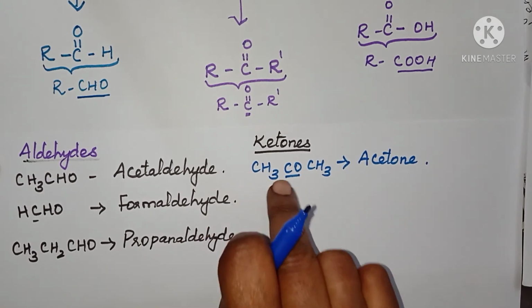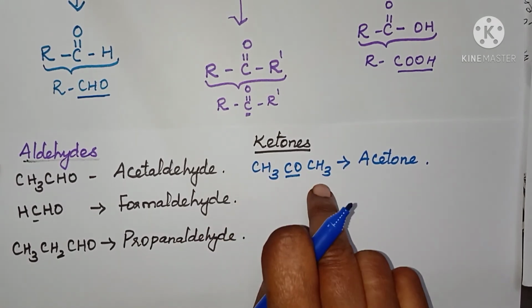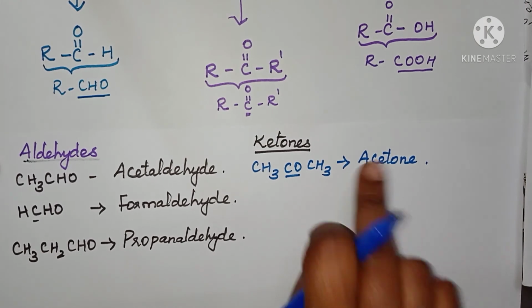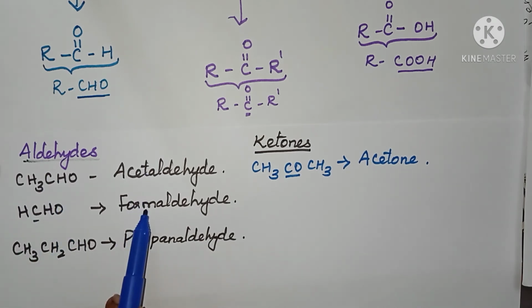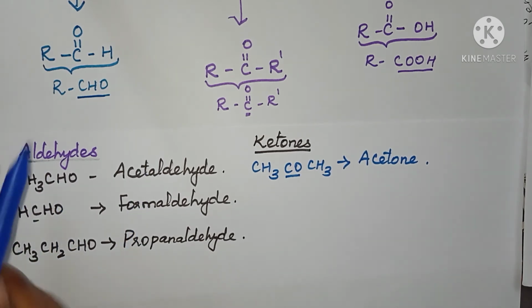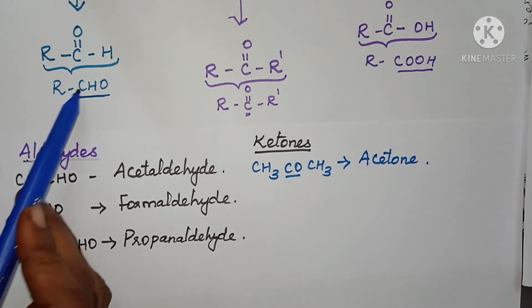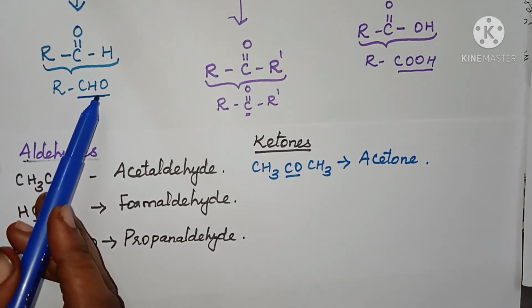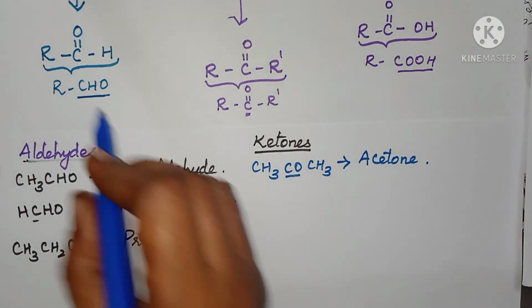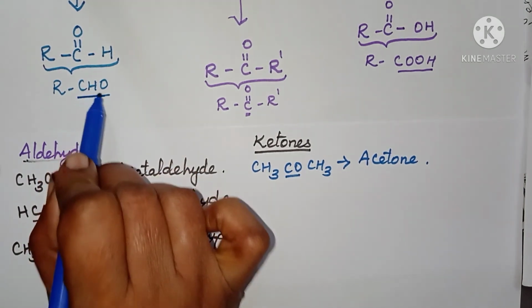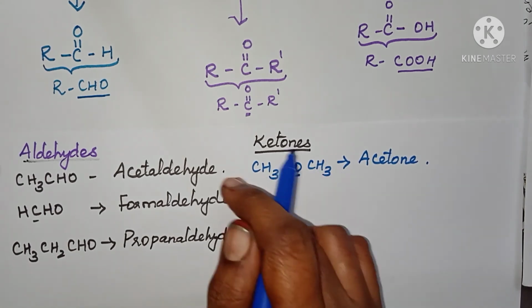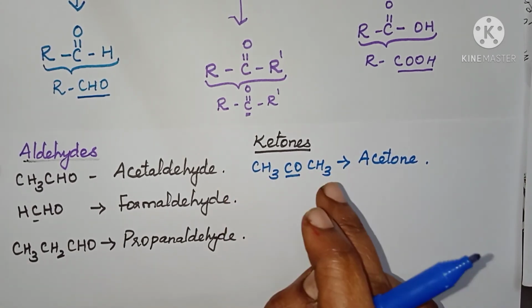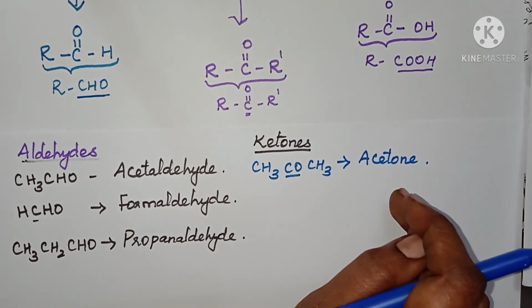So at least a minimum of 3 carbons are needed, then only can it be a ketone. For aldehyde, 1 carbon or 2 carbons are also possible, because one alkyl group, another carbon attached with hydrogen and oxygen, is the functional group CHO. But here the functional group is C double bond O attached with alkyl or aryl on both sides.